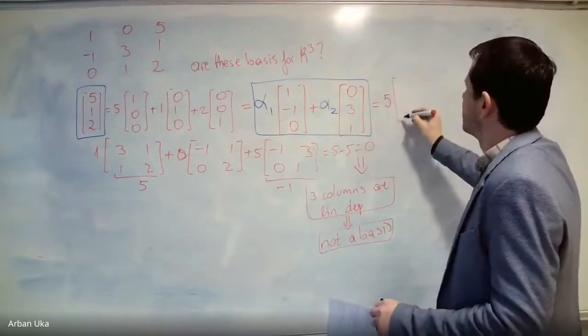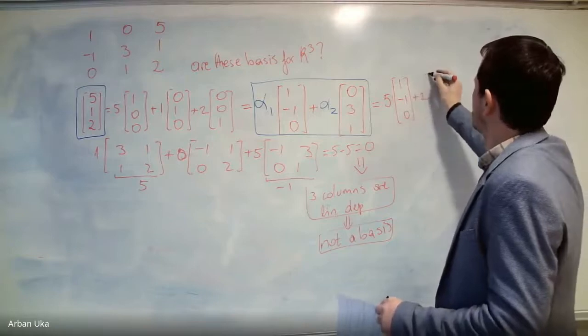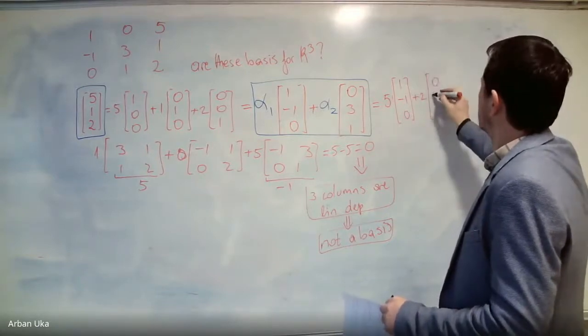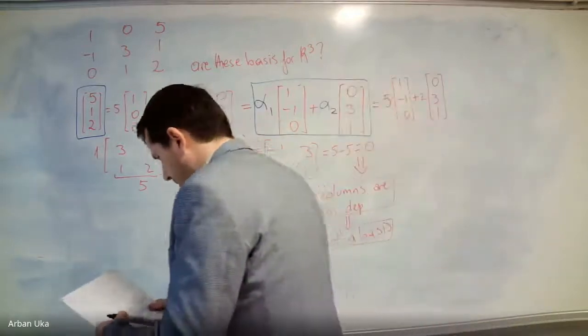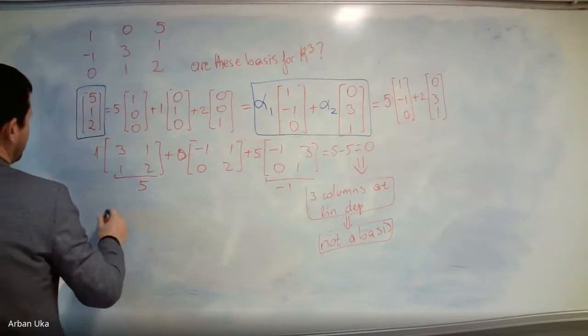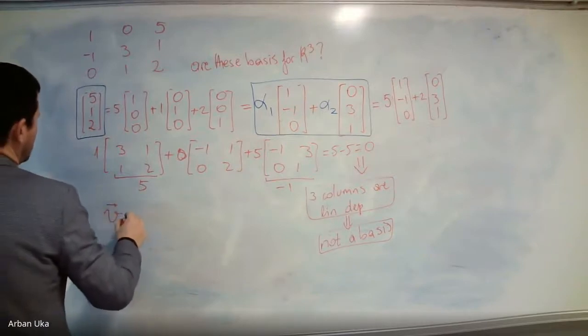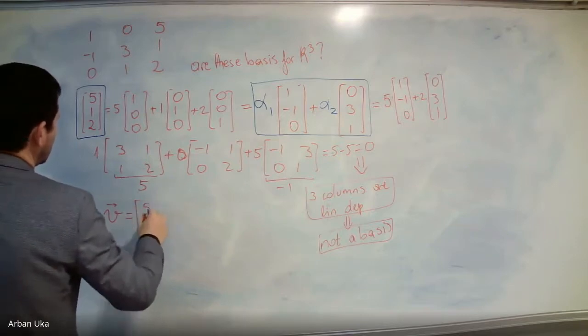This is 5 times (1, -1, 0), plus 2 times (0, 3, 1). So then we can say that this vector v is equal to (5, 1, 2).